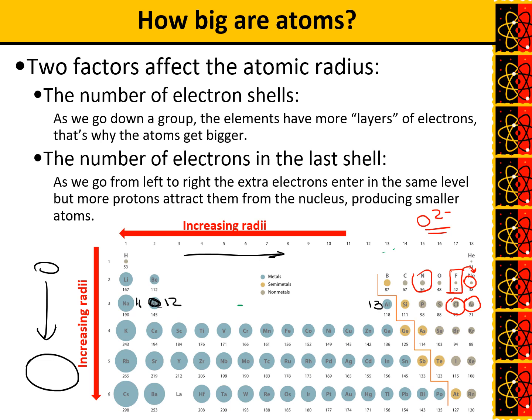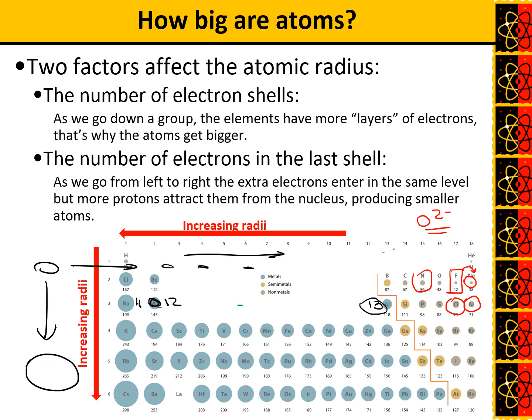So the same layers are going to be attracted by more protons in the nucleus. And that means that the attraction for those layers, the outer layers, are going to be bigger, so the elements are going to be smaller and smaller.